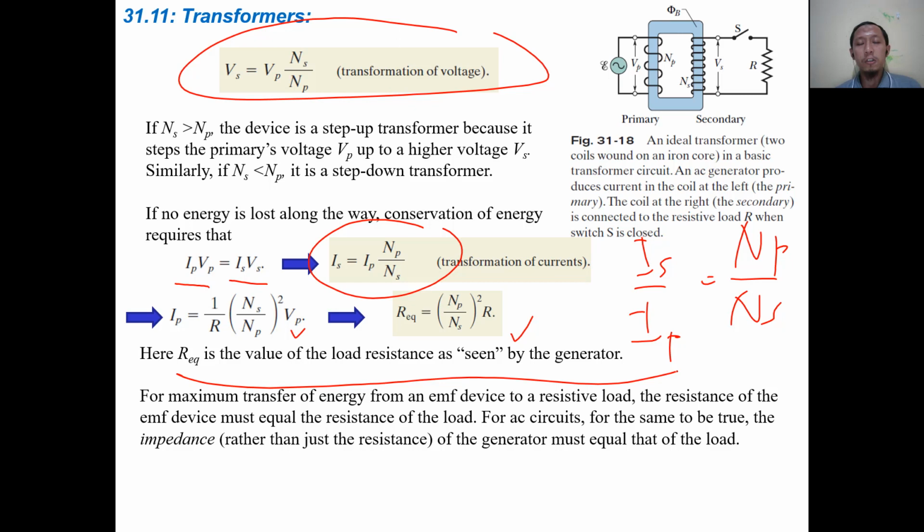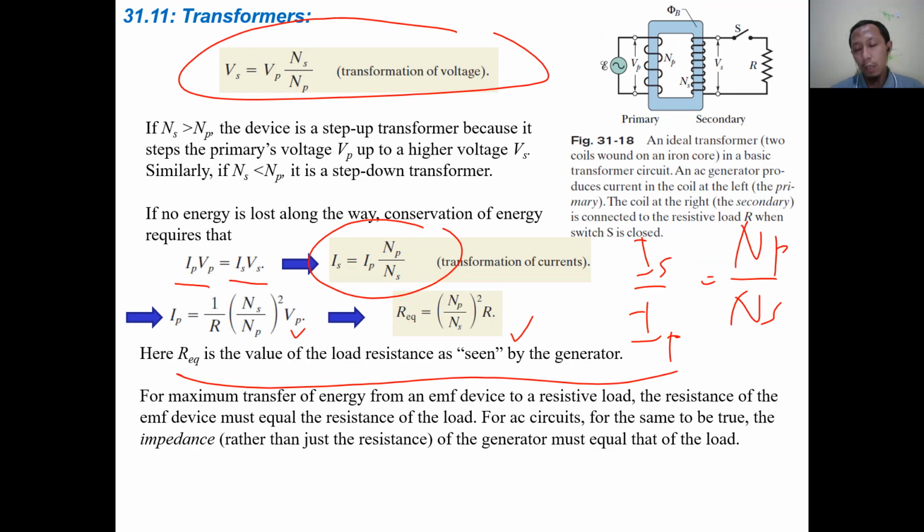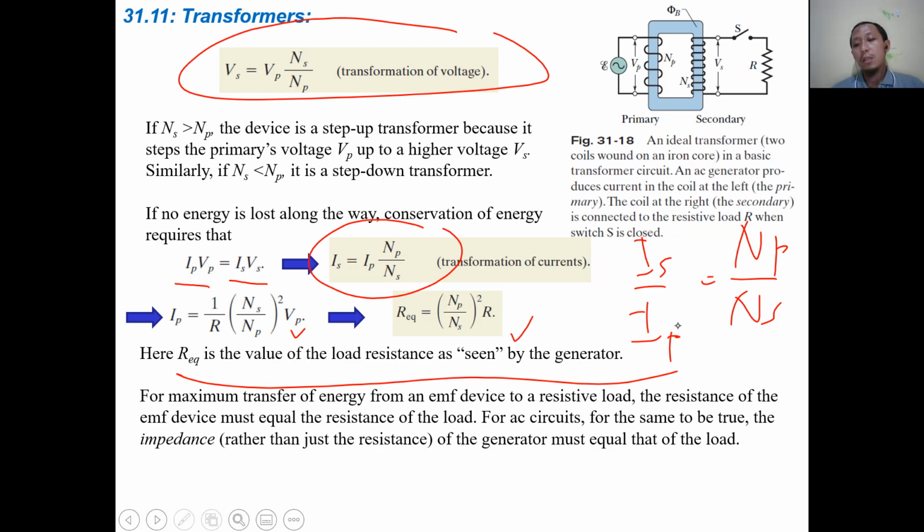But if we want to transfer from lower voltage to higher voltage, we have to make sure that the turns in the secondary are more than in the primary, like this. So it transfers the voltage from the lower voltage in the primary to the higher voltage in the secondary. So this is the end of this discussion.